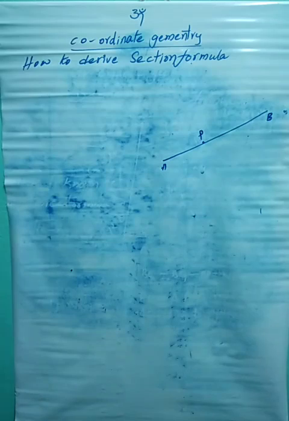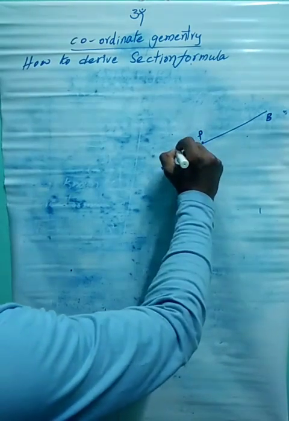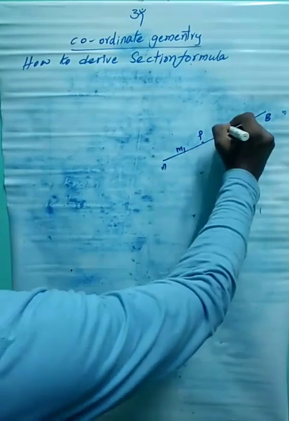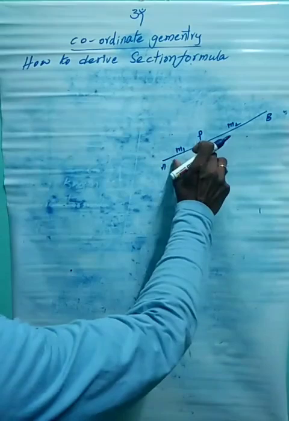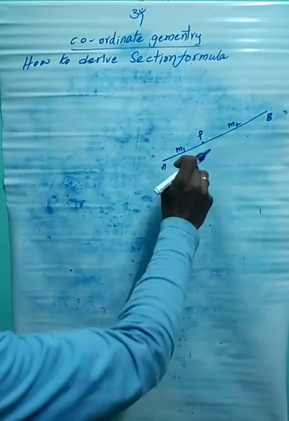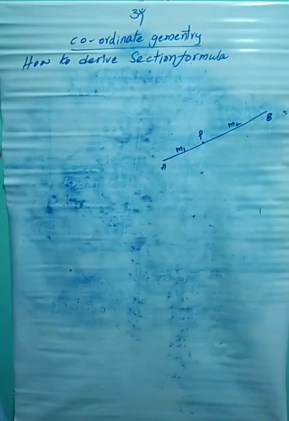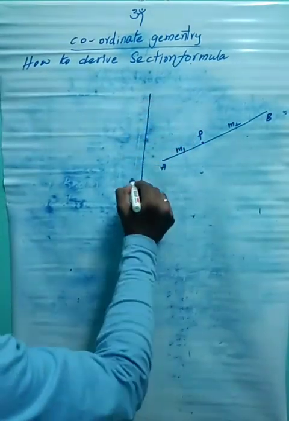We want to know the coordinates of the tower P, and the distances are in the ratio m1 and m2. You observe in this picture that A to P is a small distance and P to B is a long distance. So you take these as m1 and m2, the ratio.